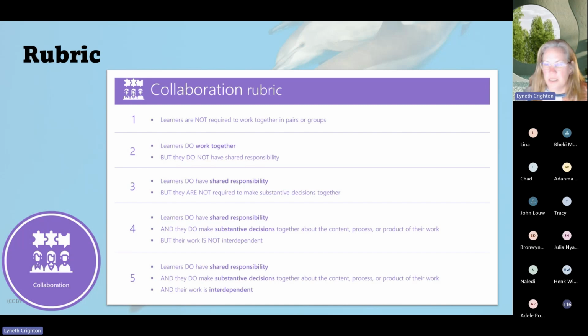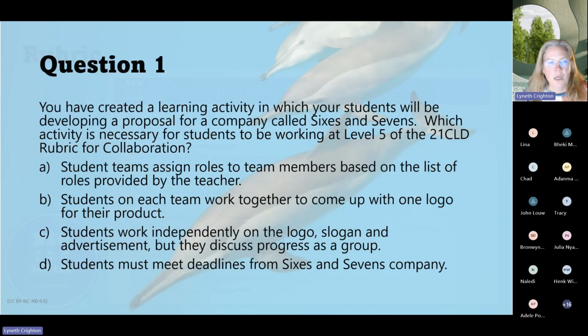So the next one is a question where you have to decide what would make the activities below a level 5. The students are assigned roles to the team members based on the list of roles provided by the teacher.